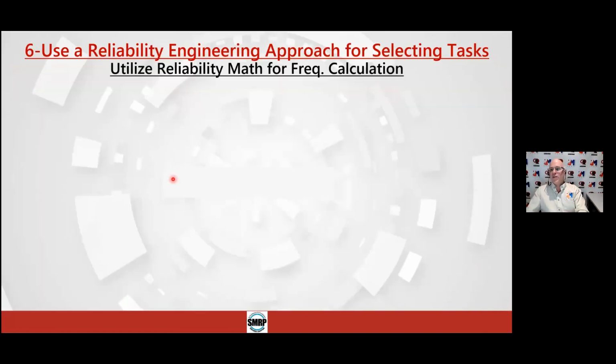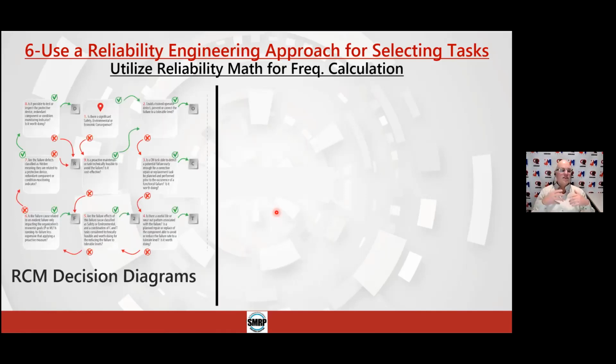One of the last things I wanted to stress is that there is some reluctance in using reliability math, a reliability engineering approach, for selecting tasks and for calculating the frequencies. I wonder why there is a hesitation to use engineering.